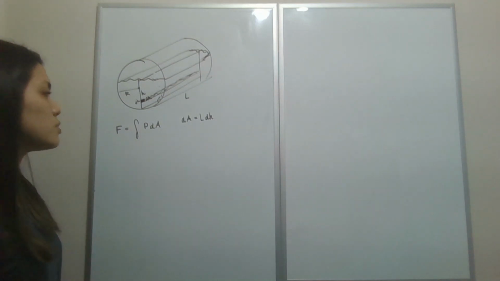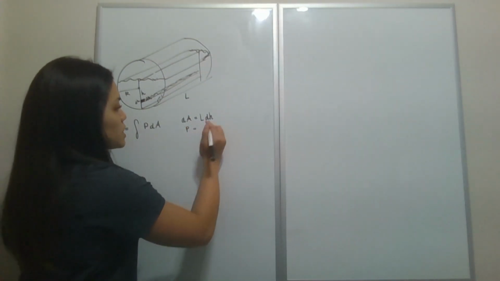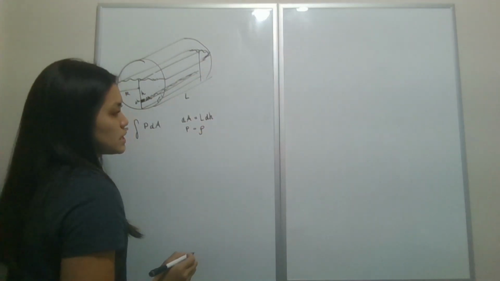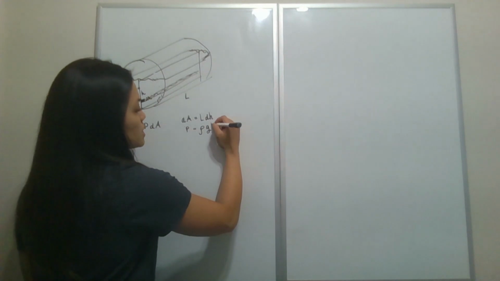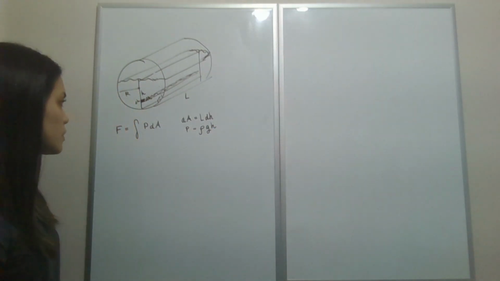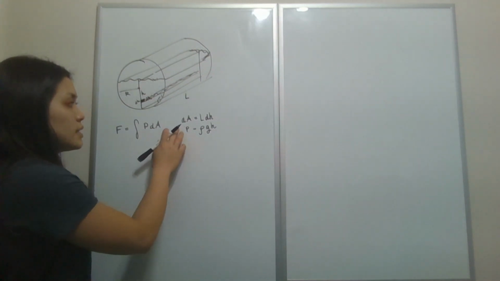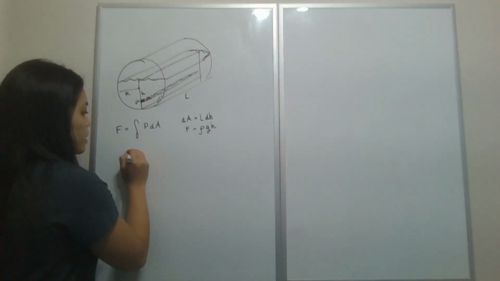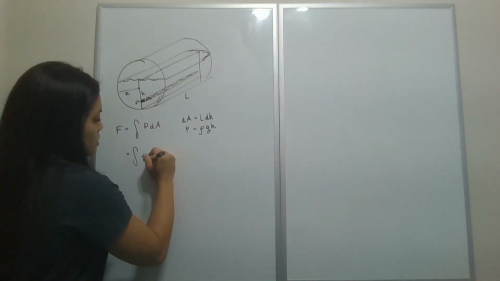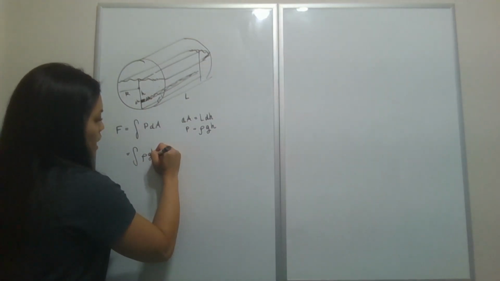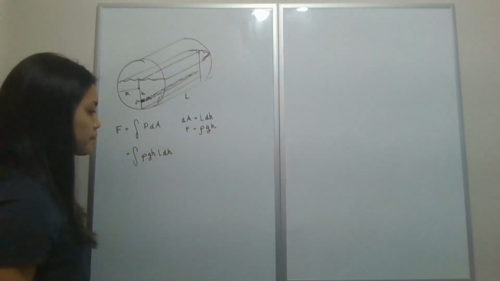We also know the definition of the pressure: it is rho, the density, times the gravitational acceleration times the height. Plugging our definitions for pressure and differential area into our integral gives us the integral of the density times the gravitational acceleration times the height times the length times the differential height.